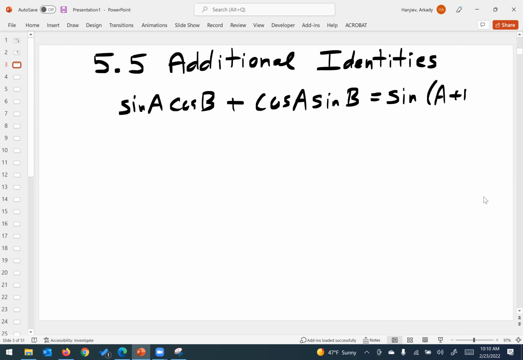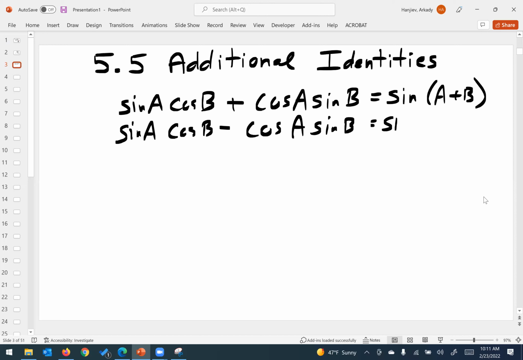Let me give you another one: sine of A cosine B minus cosine A sine B.